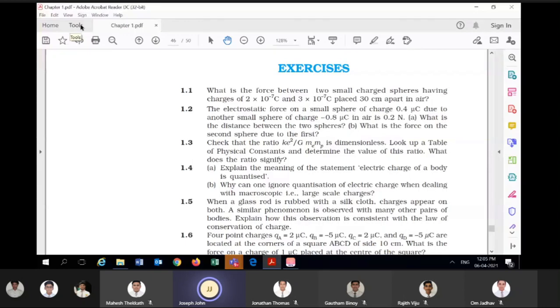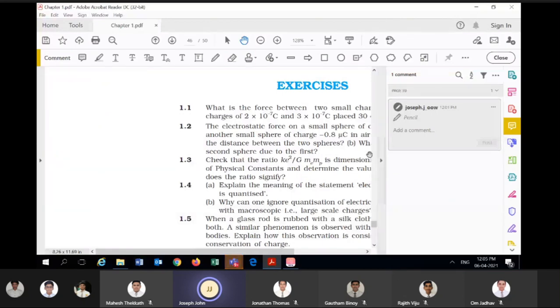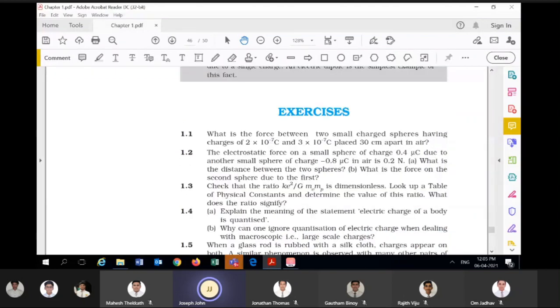F is equal to 1 by 4 pi epsilon naught, Q1 Q2 by R square. Formula I gave you, no?